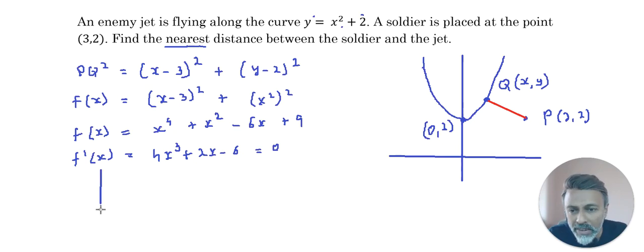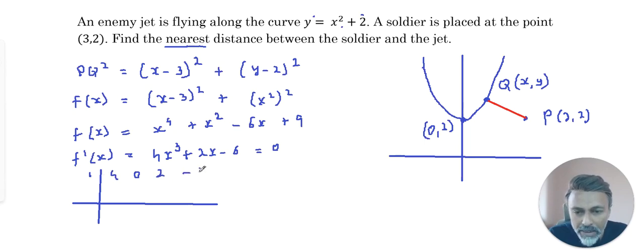So we can use either long division or synthetic division, whichever you are comfortable with. Let's try synthetic division here. Let's take 1 as the factor. We write 4, then 0, then 2, and then minus 6. 0 because the x square term was absent in this cubic.